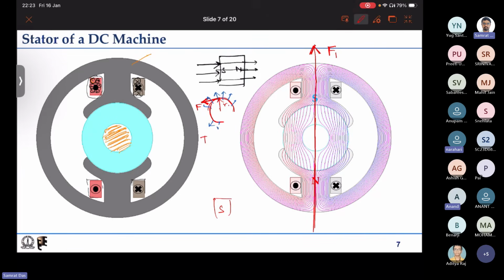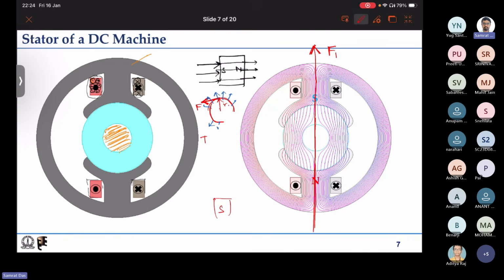One more thing. Normally, sir, if it is a magnet, the flux direction internal to the magnet will be south to north, and external it will be north to south. Correct? Yes, that is what you can see here.